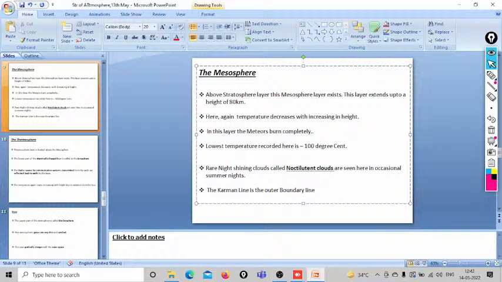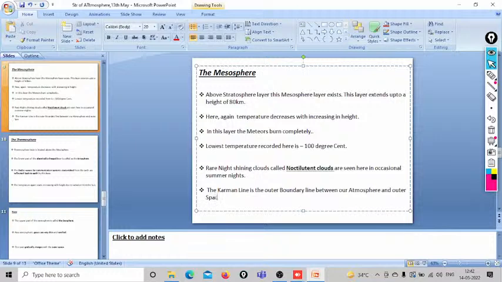It is the boundary line between our atmosphere and outer space. It is generally considered as the 100 kilometer limit. That is called your Karman line.